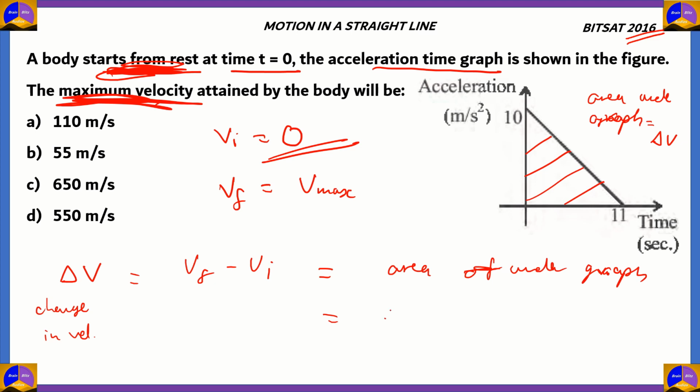So that means we have to calculate the area of this triangle here. We know that its height is given as 10 because this part, the intersection of the axes, is the origin. So we have a height of 10 and a base of 11. So delta V is now equal to half BH, which is the area of the triangle here.